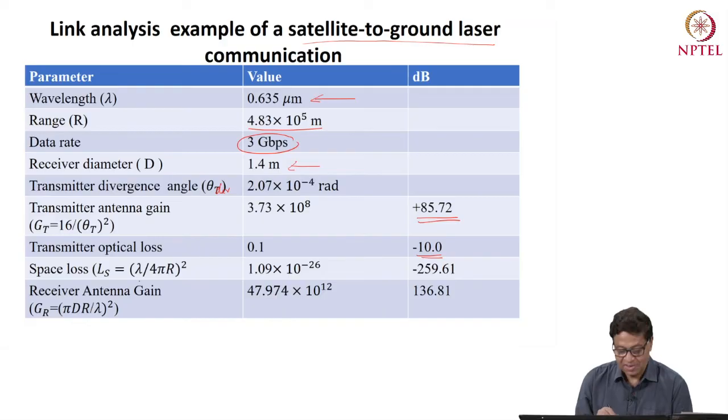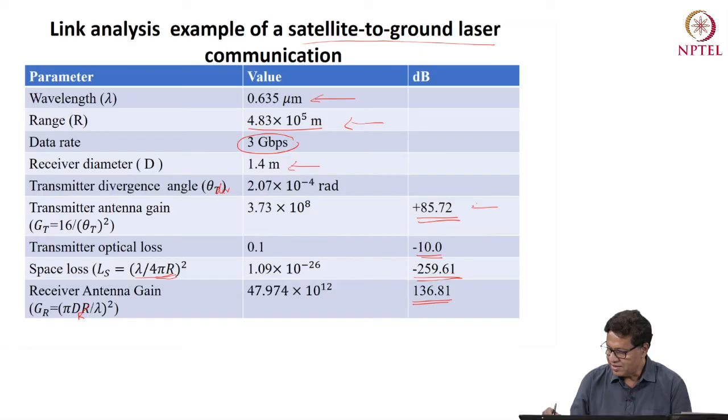Space loss because of the distance is going to be huge because the distance is quite high. You see the distance here. So this is about minus 259 dB. And the receiver antenna gain, with this being pi D_r divided by lambda, whole squared, gives a gain of 136.